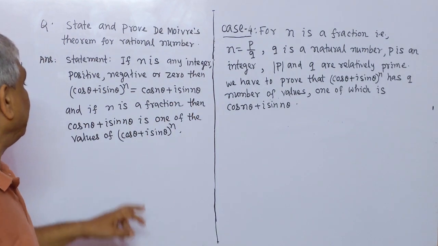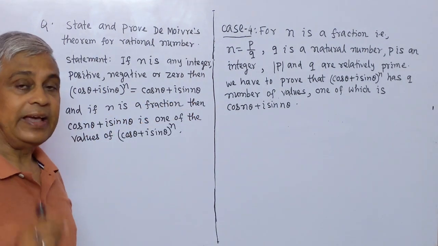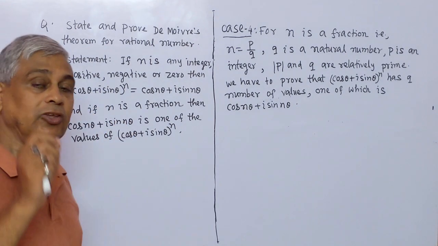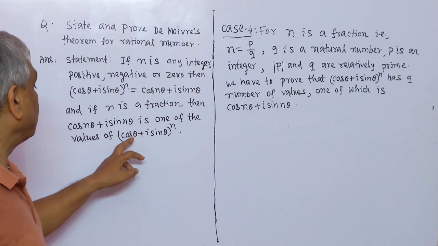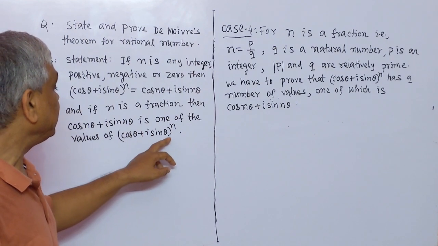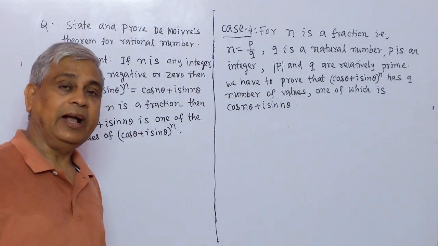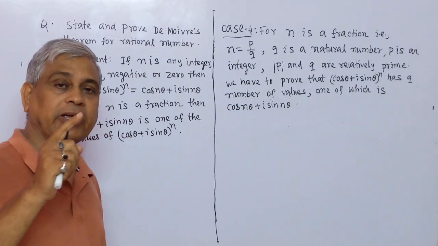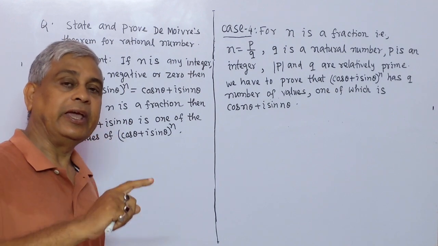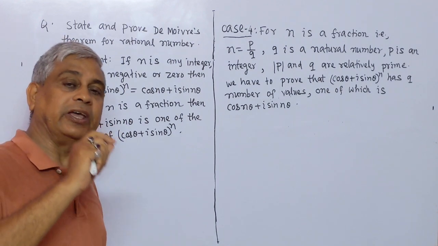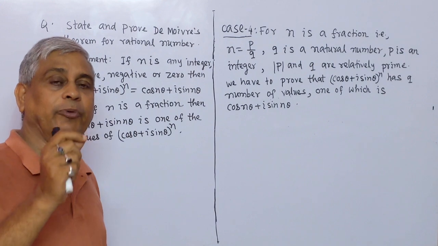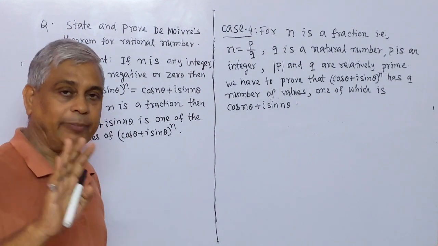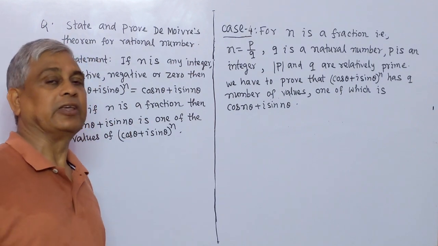And if n is a fraction, then cos n theta plus i sin n theta is one of the values of (cos theta plus i sin theta) to the power n. You will have to prove all the four cases: for n equal to 0, for n a positive integer, for n a negative integer, and for n equal to p by q.